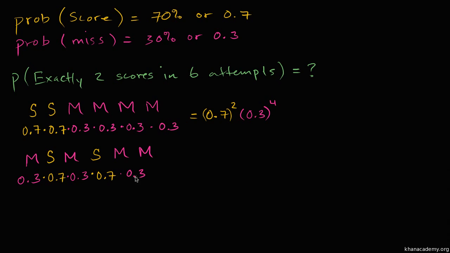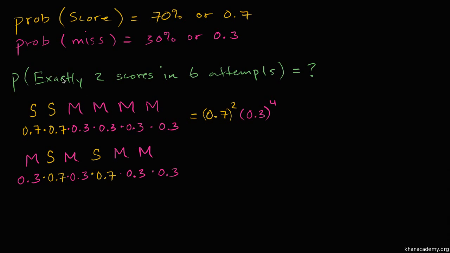If you wanted this exact circumstance, this is once again going to be 0.7 squared times 0.3 to the 4th power, if you just rearrange the order in which you're multiplying. So for any one of these particular ways to get exactly 2 scores in 6 attempts, the probability is going to be this.